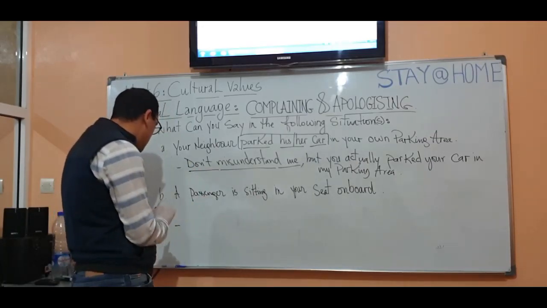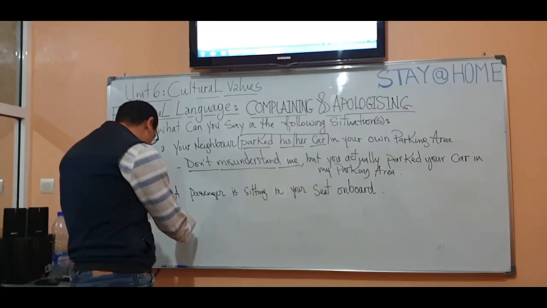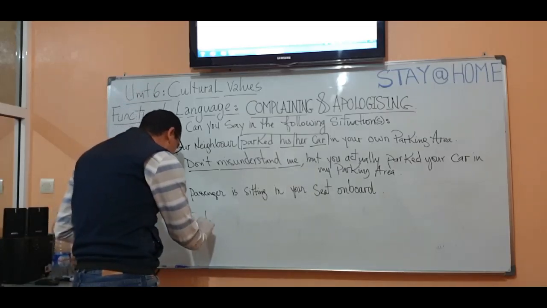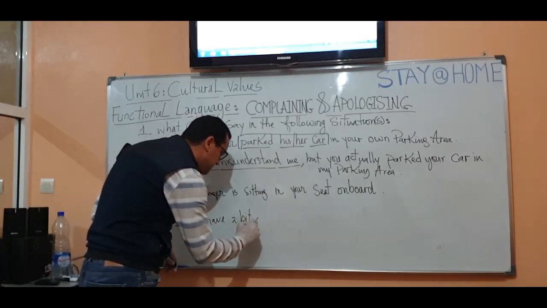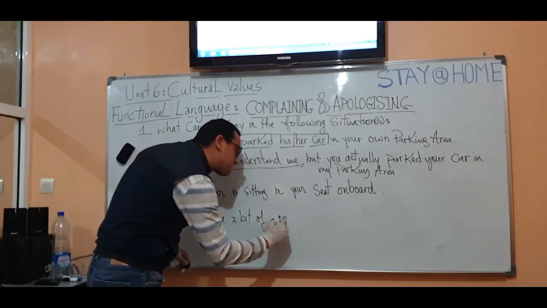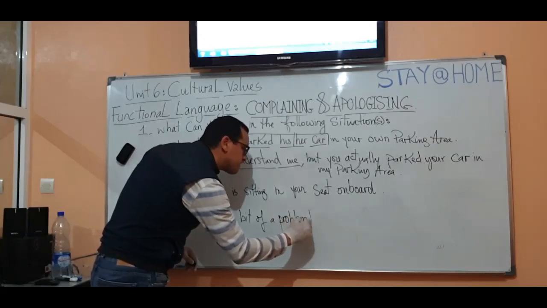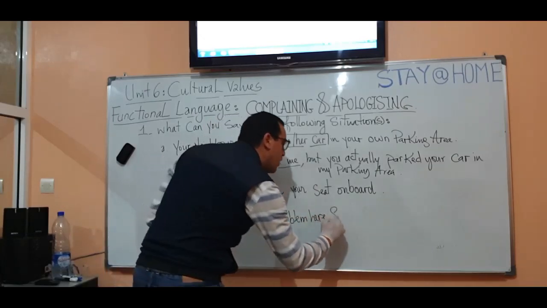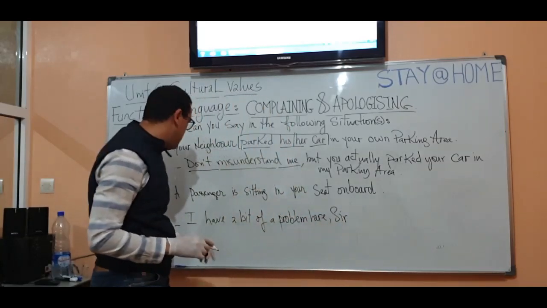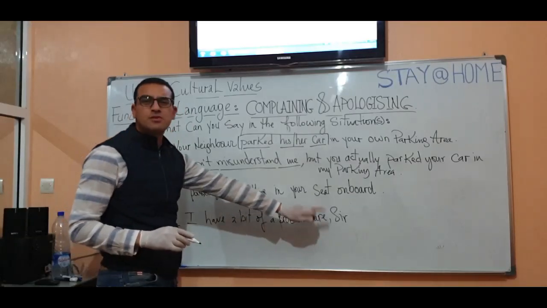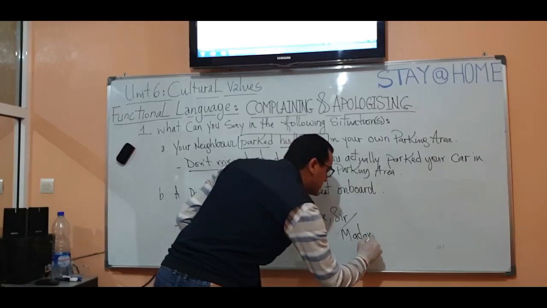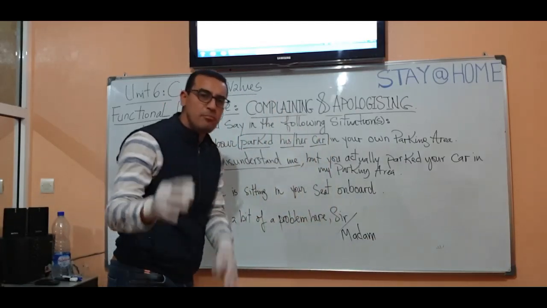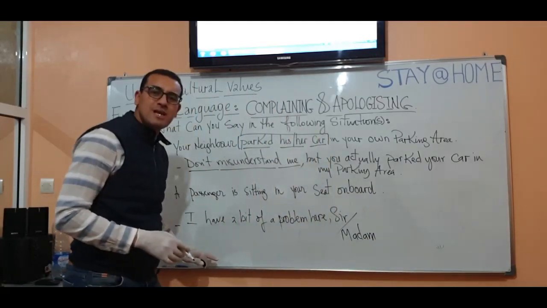We can opt for "I have a bit of a problem here." Of course, we have to be polite to people. So, I have a bit of a problem here, sir, or madam. We should always show some respect and politeness in the way we address people.